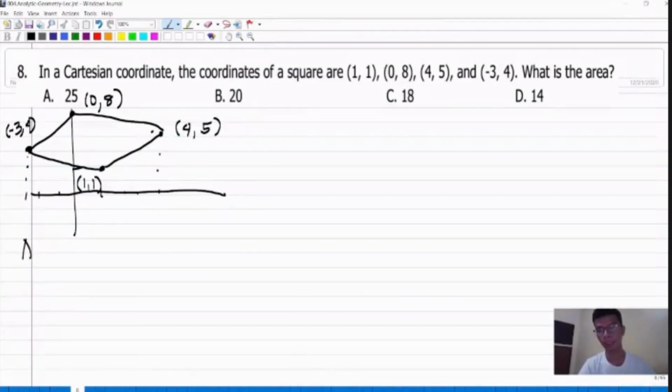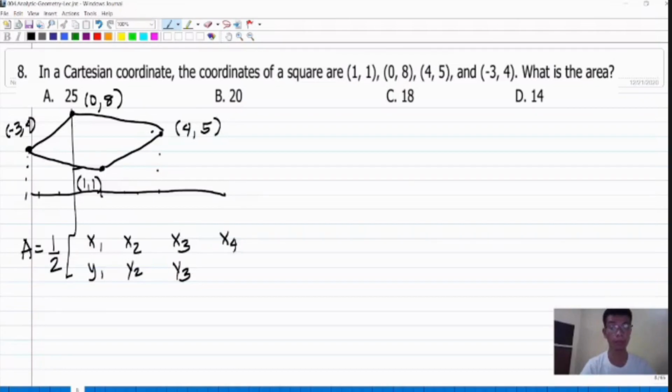So, by determinant method, the area will be 1/2 of the determinant ng x sub 1, y sub 1, x sub 2, y sub 2, x sub 3, y sub 3. Meron pa tayong x sub 4, y sub 4. Babalik kay x sub 1, y sub 1. So, umabot tayo kay sub 4 dahil apat yung corners.